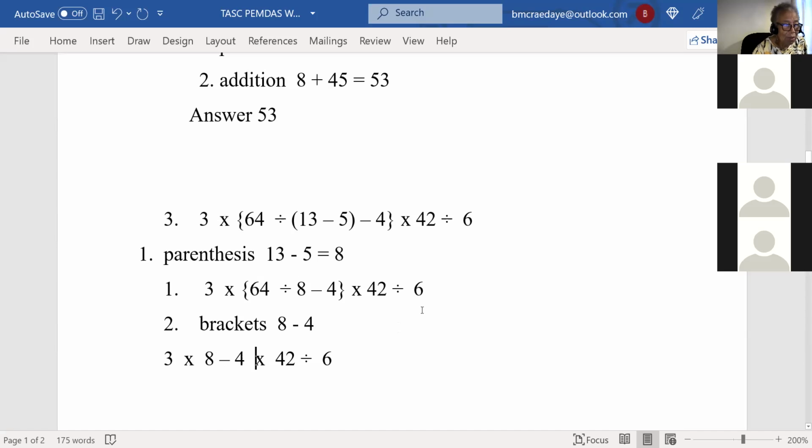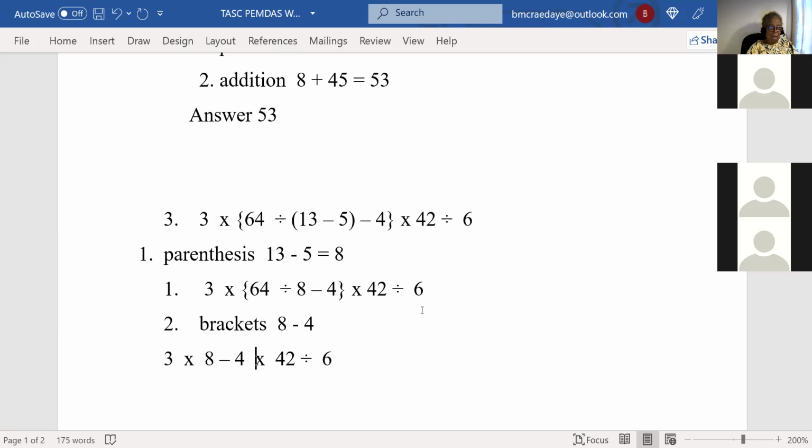Okay, so you remove the bracket? Yes, because just like we removed the parentheses. Once you do what is within the parentheses, you remove the parentheses. Once you do what's within the brackets, you remove the brackets. I thought that after we got 8 minus 4, we would just do the 8 minus 4 and get 4 remaining, and then do what is outside.